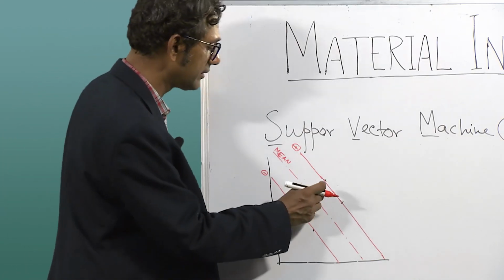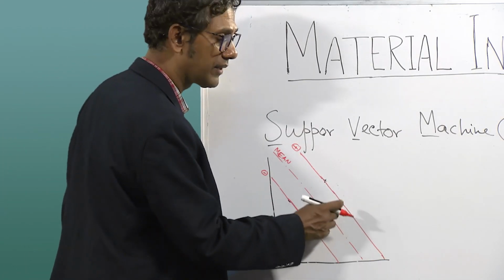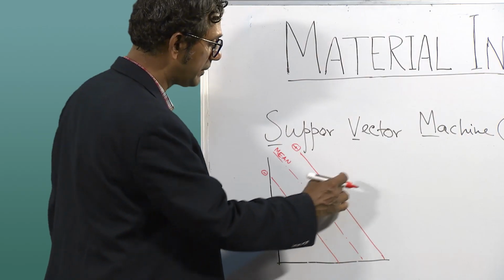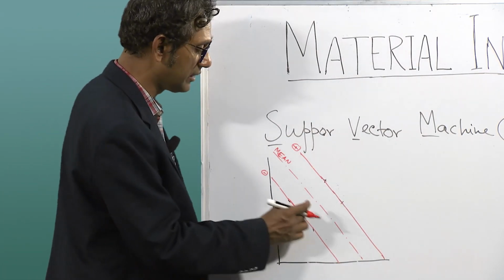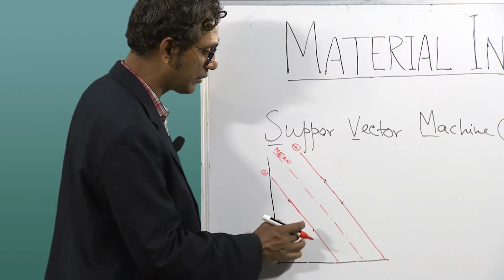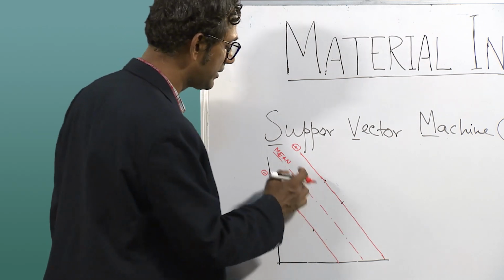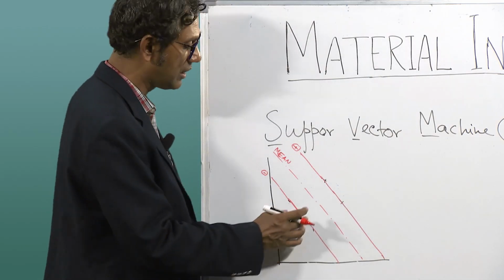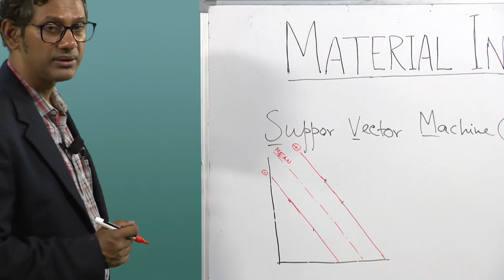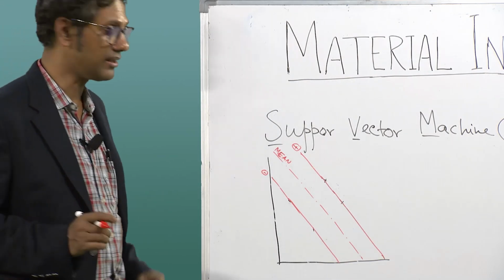Anything sitting or falling on this area or beyond can be called a positive point. Anything sitting on this line or on this side of the road, the left side of the middle line, even on the gutters also, I call a negative point. So, that is how we can classify things nicely.